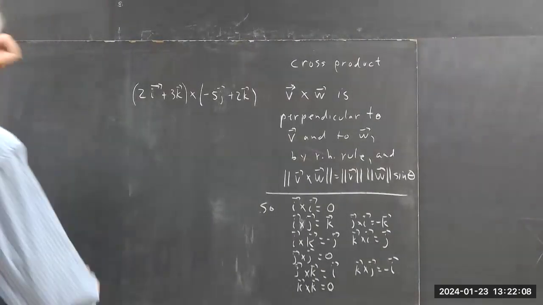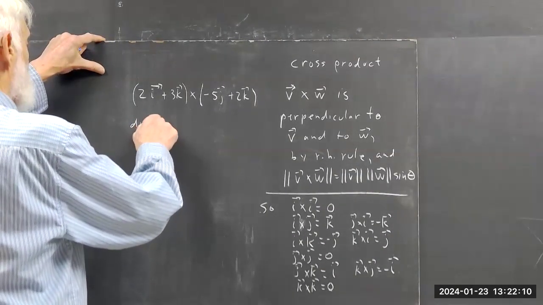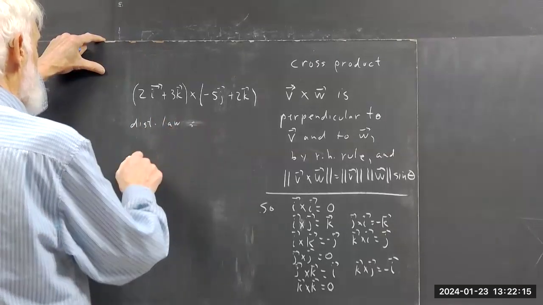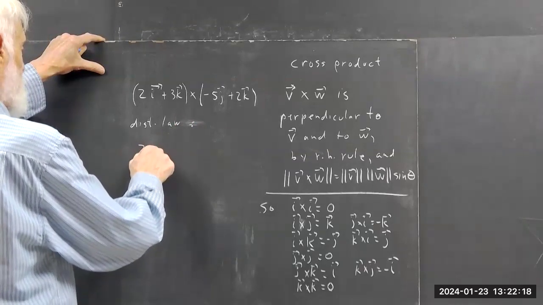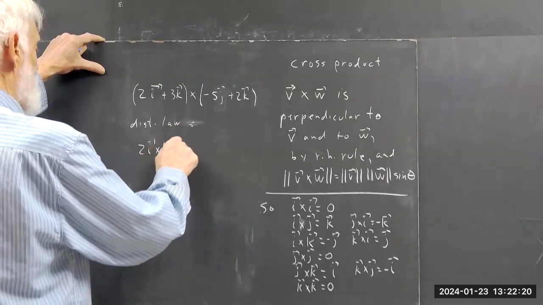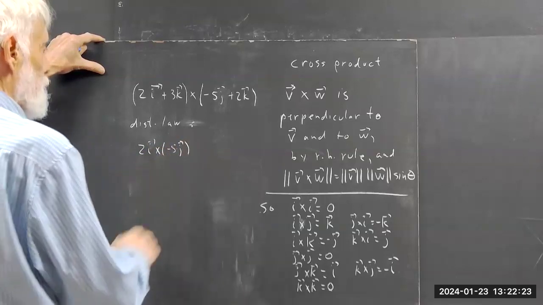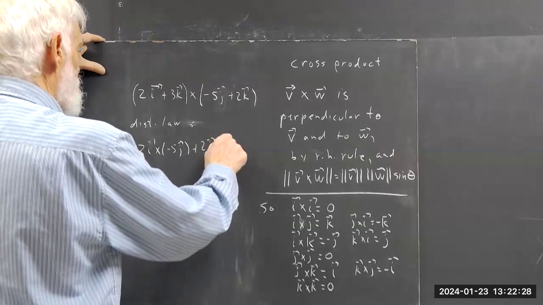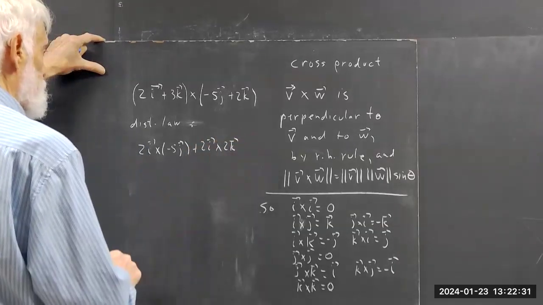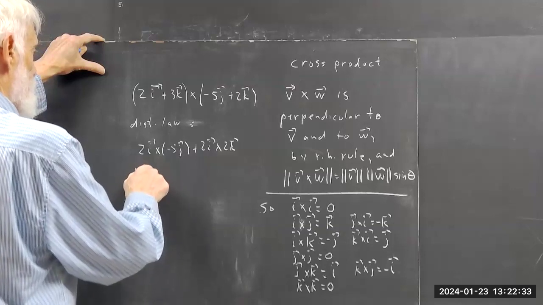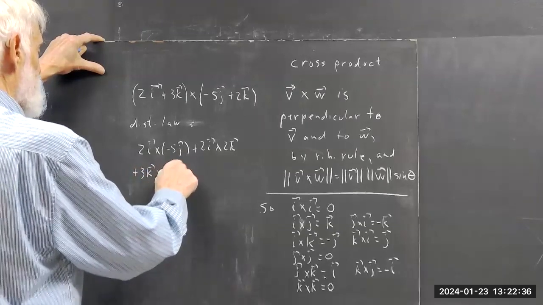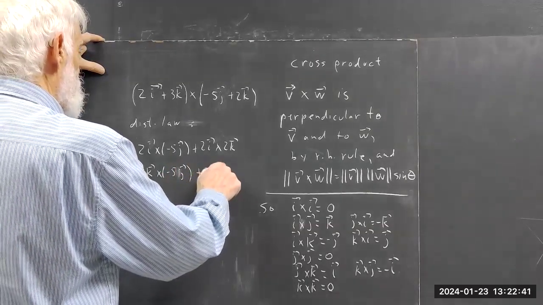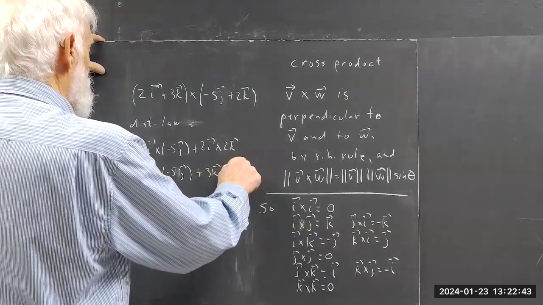By the distributive law, this is equal to 2I cross negative 5J, plus 2I cross 2K, plus 3K cross negative 5J, plus 3K cross 2K.